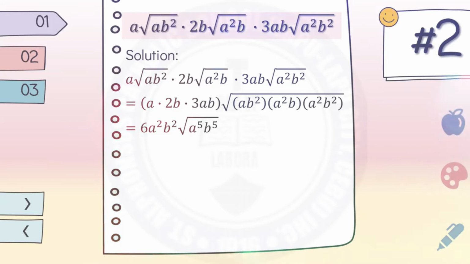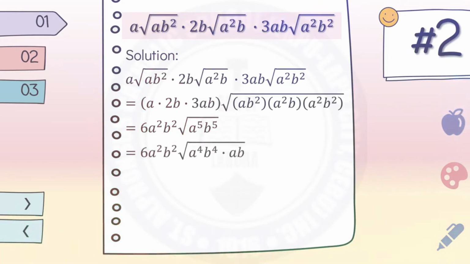This is not yet the final answer since the index is less than the exponent. Always remember, the index must be greater than the exponent. So we need to simplify the radicand.